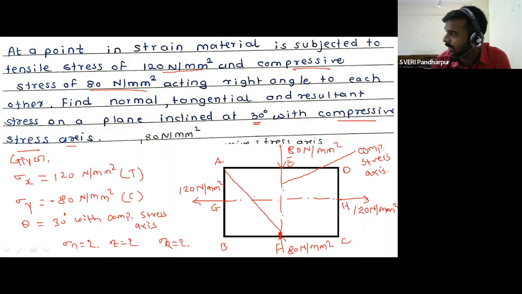This is your inclined plane, correct? What angle is given between the inclined plane and the compressive stress? 30 degrees. Correct. But what have we said? Always we have to take that theta value which is made with the vertical plane or major principal plane. So where will our theta value be? In this corner, correct? What is this theta value?